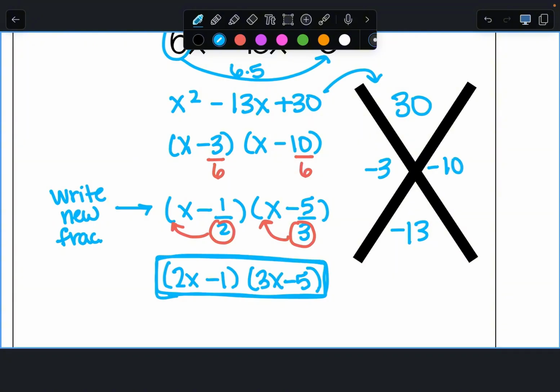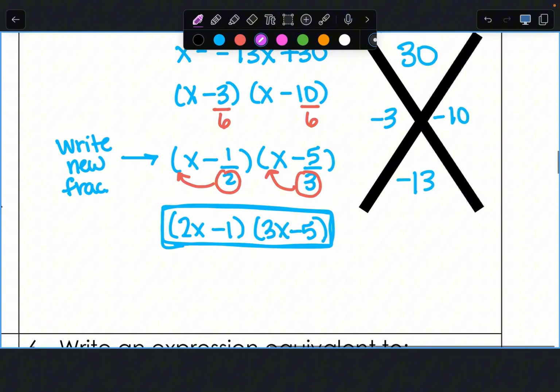Now, some people asked, what if you forget to simplify the fraction? What would happen? Well, let's say we skip this step right here and we just do bottoms up with the 6. You would end up with 6x minus 3, 6x minus 10. Do not write this purple part down.